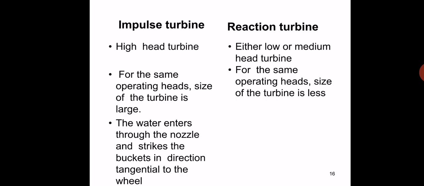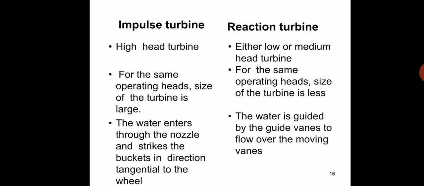In the impulse turbine, the water enters through the nozzle and strikes the buckets in the direction tangential to the wheel, whereas in reaction turbines the water is guided by the guide vanes to flow over the moving vanes.